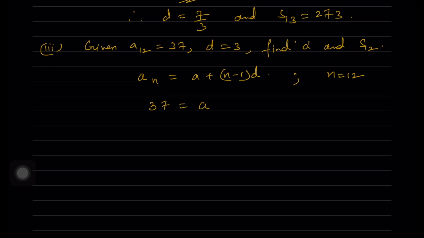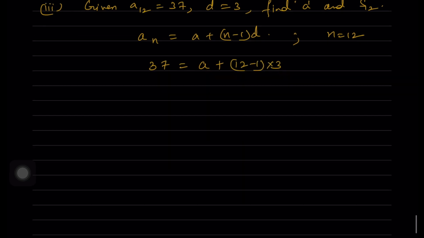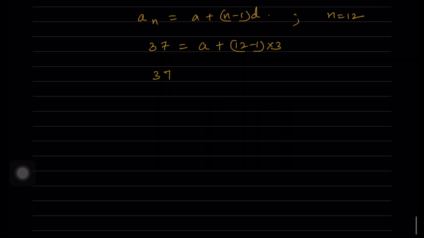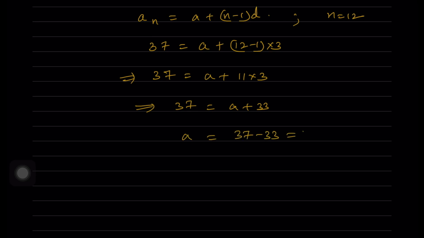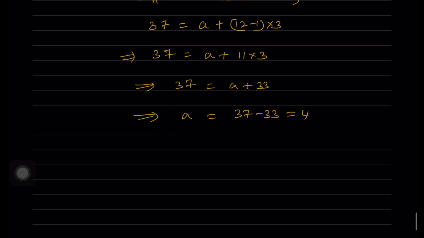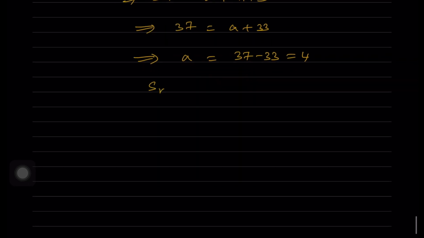So An is nothing but A12, which is equal to 37. So 37 is equal to A plus 12 minus 1 into 3. D is 3. So here you are getting 37 is equal to A plus 11 into 3, which is 37 is equal to A plus 33. So which implies that A is equal to 37 minus 33, which is equal to 4. So therefore we got A is equal to 4.